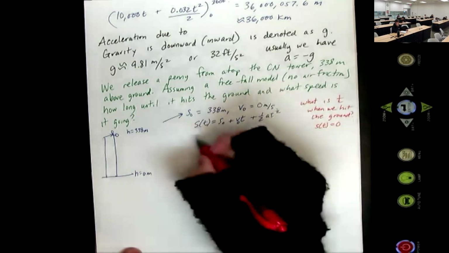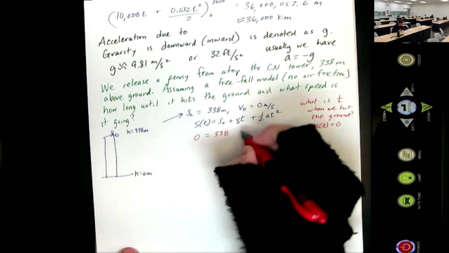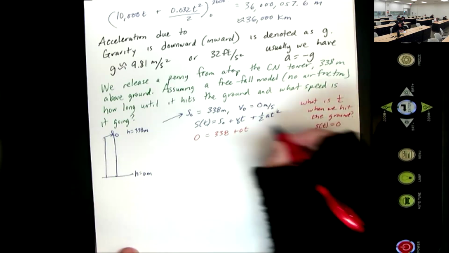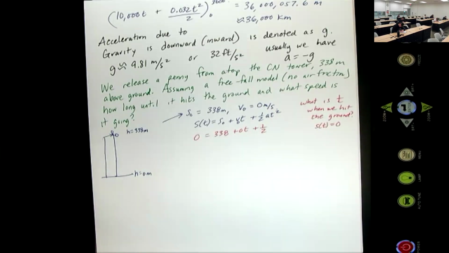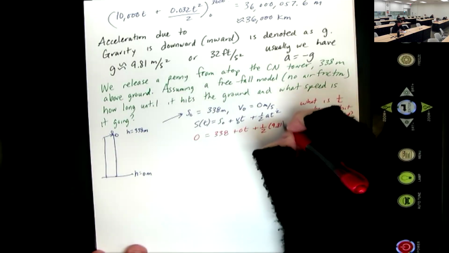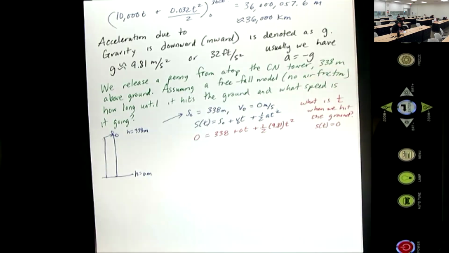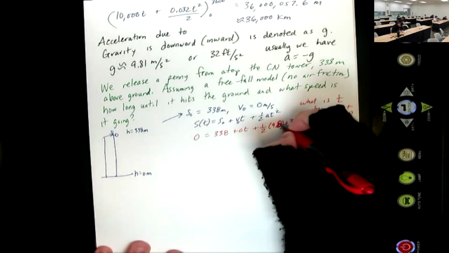So we've got 0 equals 338 plus 0t plus 1/2 times g times t squared. We're looking at meters, so g is 9.81, but let's just go with 9.8 to make this a little easier.